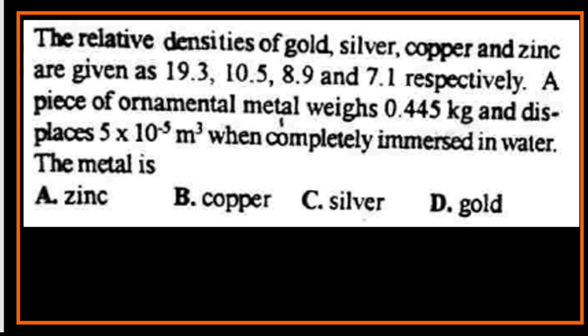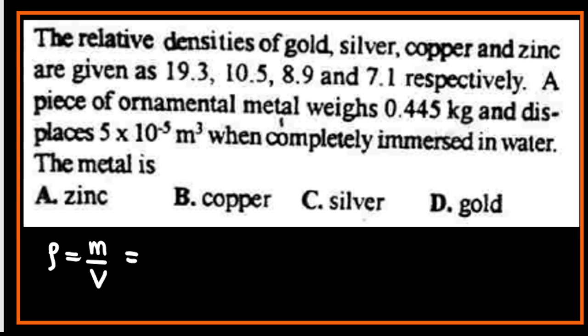The question is asking about the metal. You have one job: find the density of the metal and compare what you get to the table of densities supplied to us. Density is mass over volume.